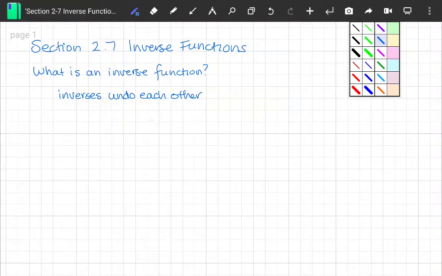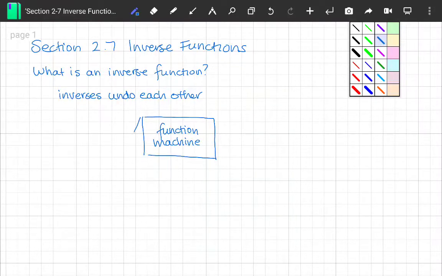So let's think about your function machine. I don't know if you've ever seen the idea of the function machine, but you definitely know about it. The idea is we have this input, we put it into the function machine, it does something to it, and we get the output.